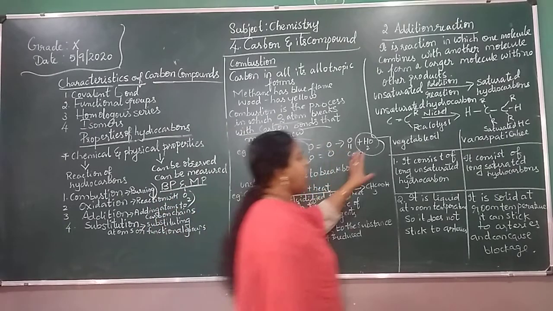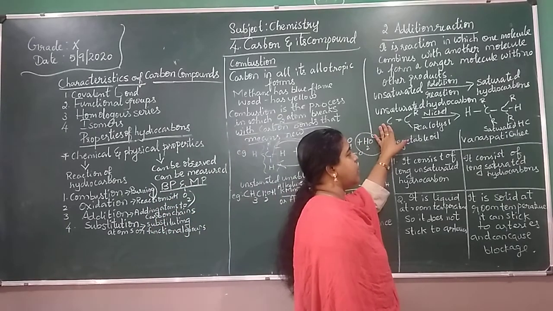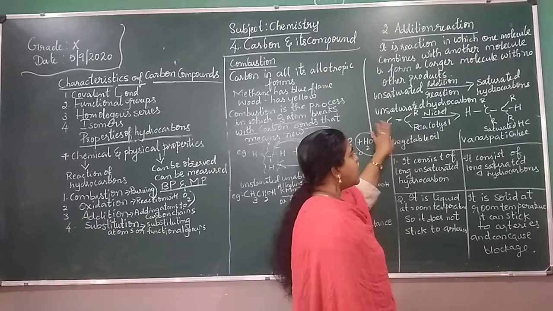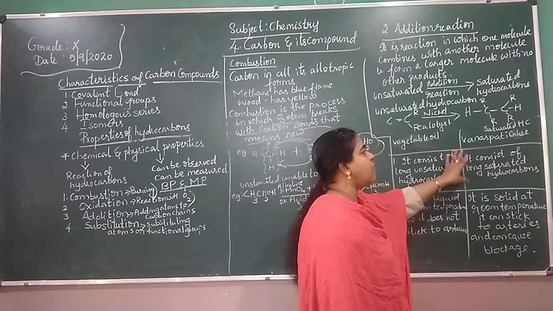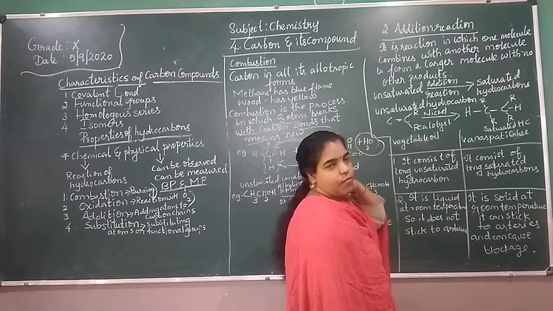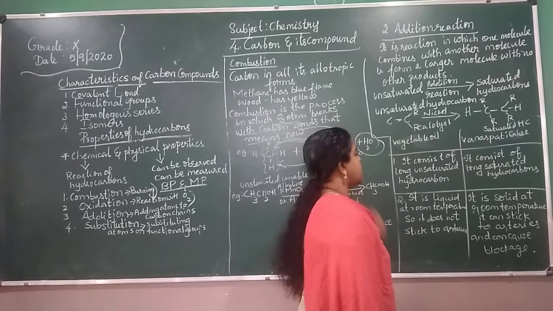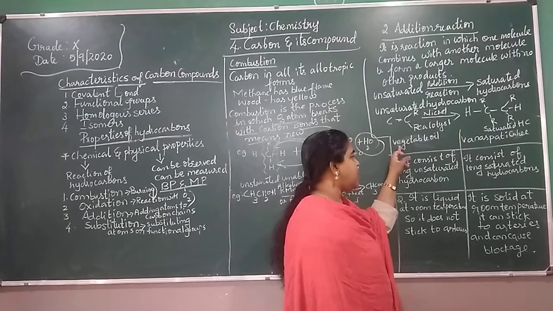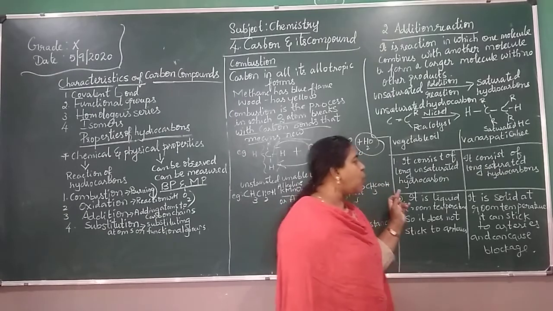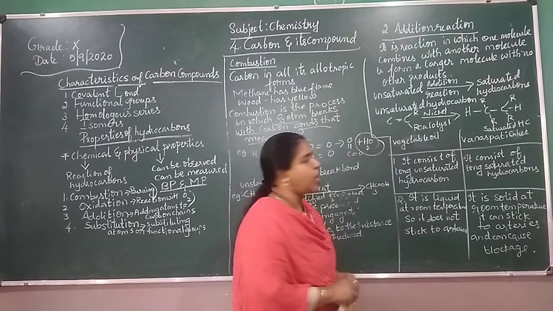For example, we are taking vegetable oil. Let's see the difference between vegetable oil and vanaspati ghee. Vegetable oil consists of long unsaturated hydrocarbons. Vanaspati ghee consists of long saturated hydrocarbons.